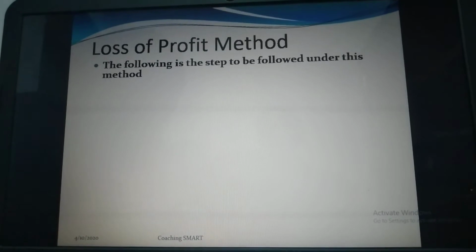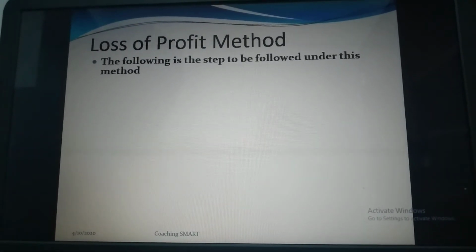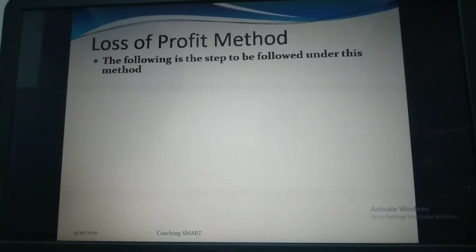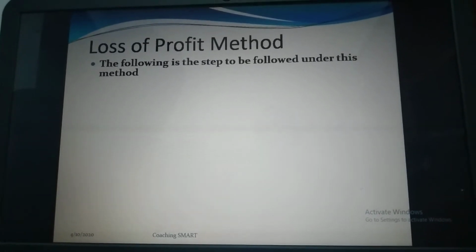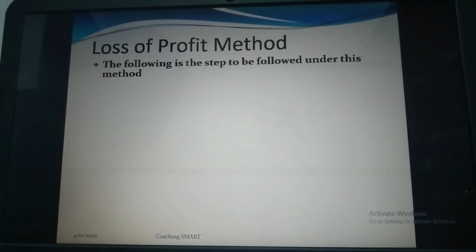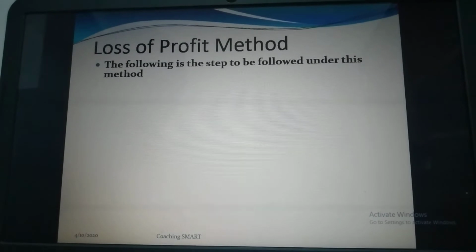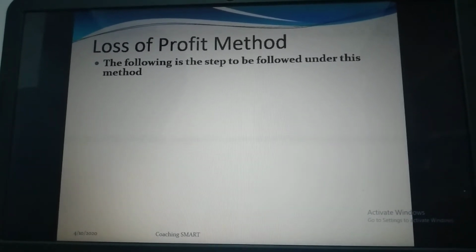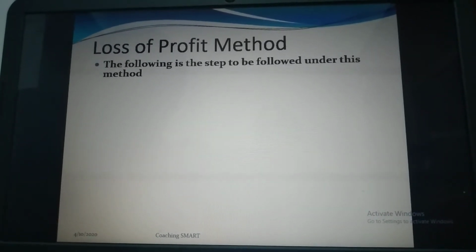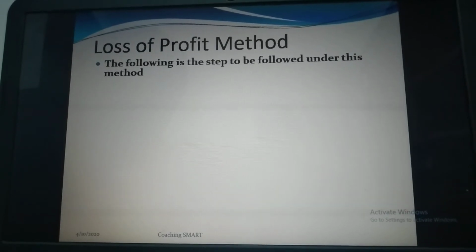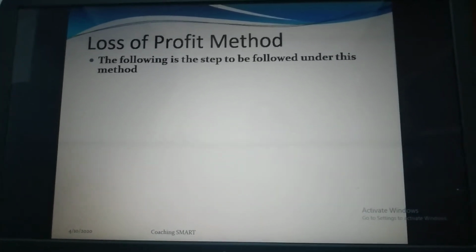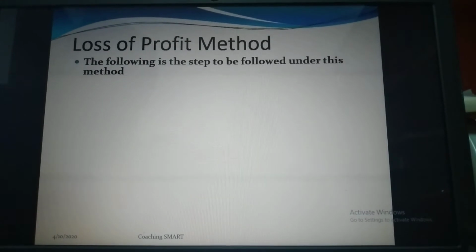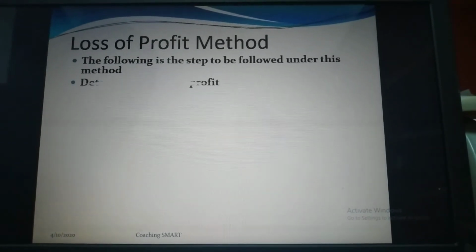Now, when you talk about loss of profit method, we are actually establishing the loss which the business or the company is losing after the occurrence of the risk. So the business of the insurance company is to establish how much was the loss which has been caused by the incident. Now, there are processes.